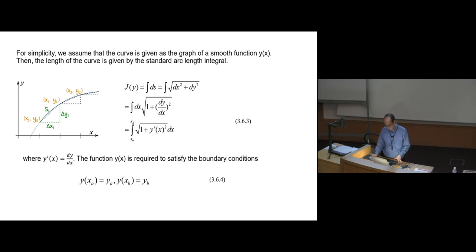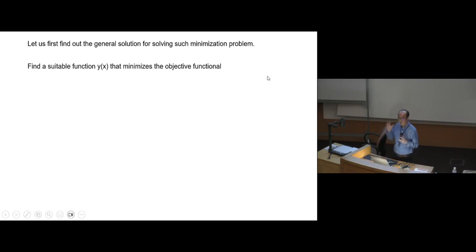But then how about the Euler equation? It will change to another equation. So that is the way we are going to formulate the problem. How do we find out the shortest path between 2 points? But instead of solving that problem directly, let's find a solution to a more general form. That is a very specific one.